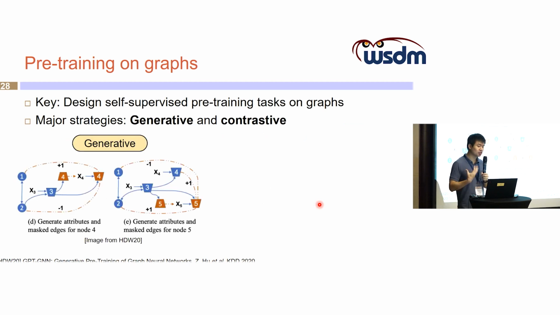So there are generative and contrastive methods. Earlier I talked about this in the image context, but on graphs you can also have generative methods. The generative methods look at how we can generate the node attributes, or edges between nodes, to maximize the likelihood of those observed edges.